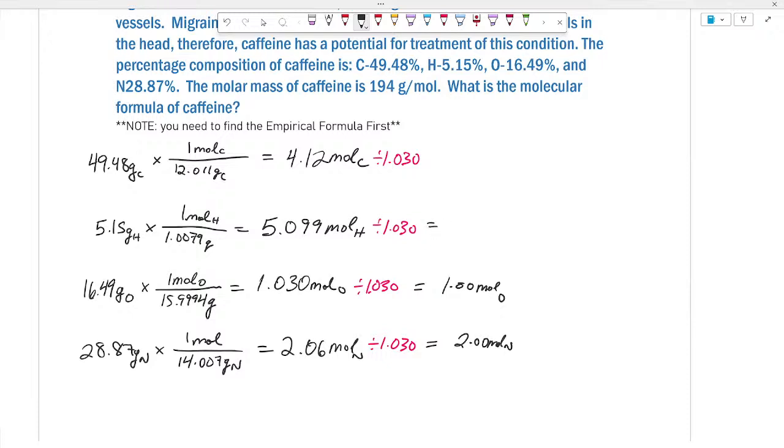What's this end up being? 5.01? 5.00? What's this end up being? 4.95? There we go. Oh, right. And what does this end up being? Just 4.00?